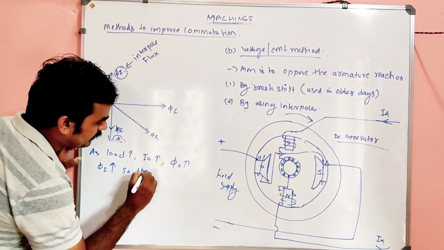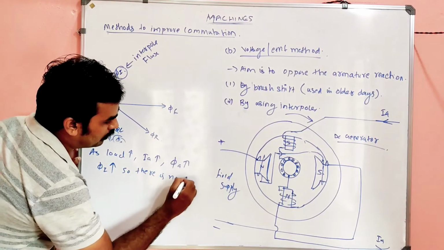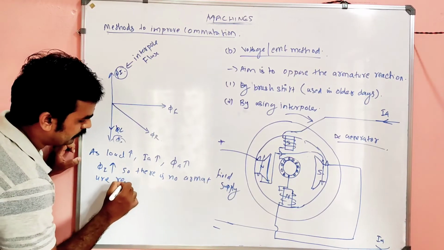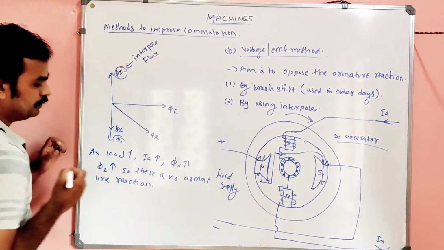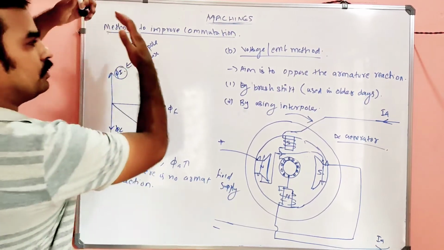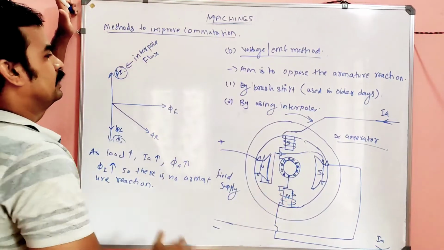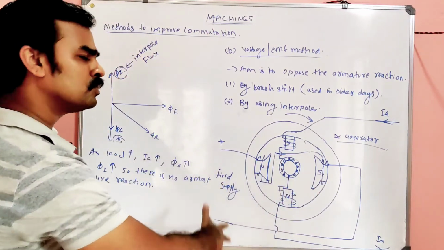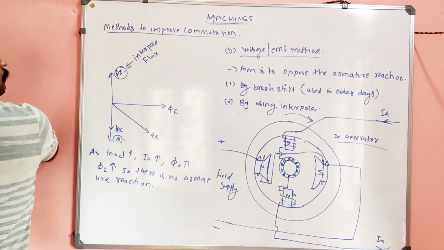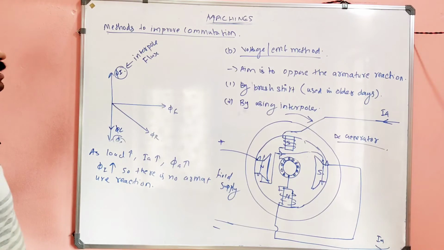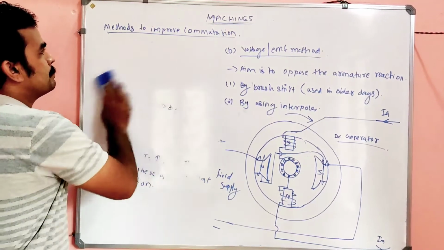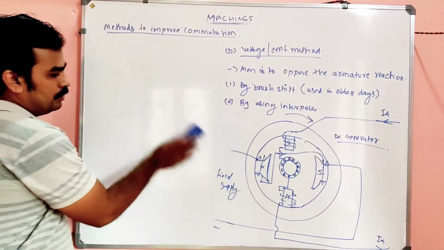So there is no armature reaction, and there is no tilt in the main field flux. There will be uniform flux distribution across the pole faces, so a super output will be there. That's all, that is the concept of using interpoles.